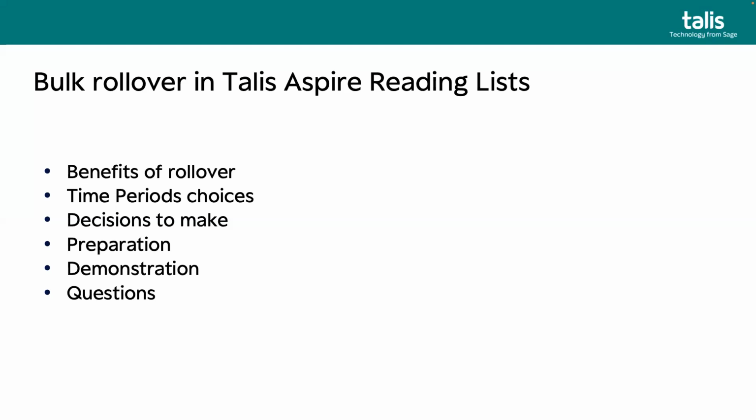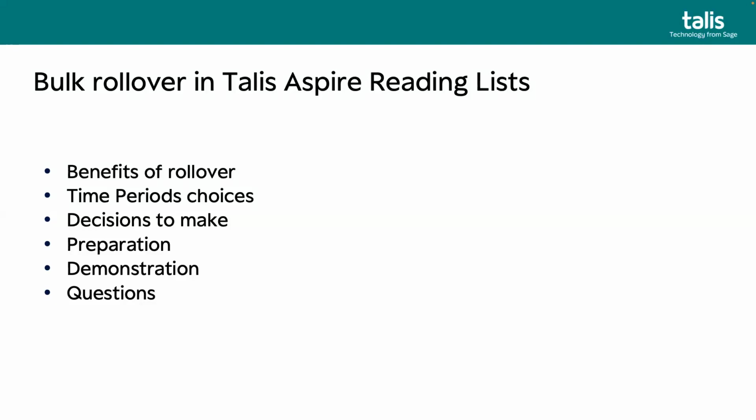Those of you with long memories who have been using Talis Aspire for a long time will know that there was a time when it was the only rollover method available to you. Essentially, it's when you roll all of your lists from a particular time period into a new one without any exceptions.